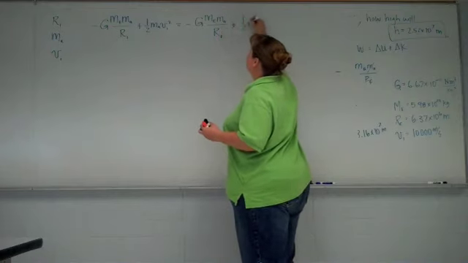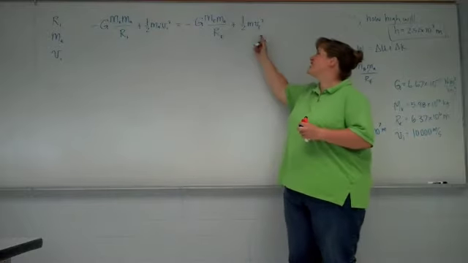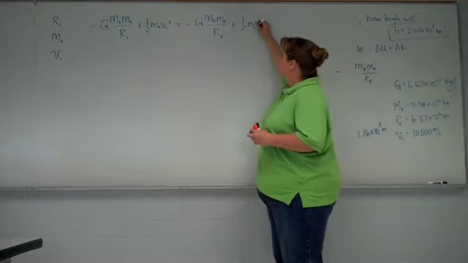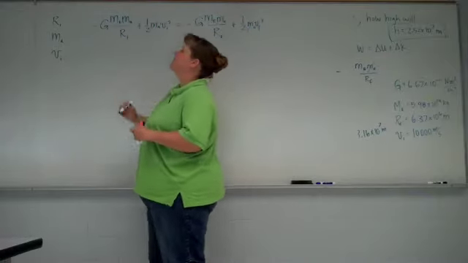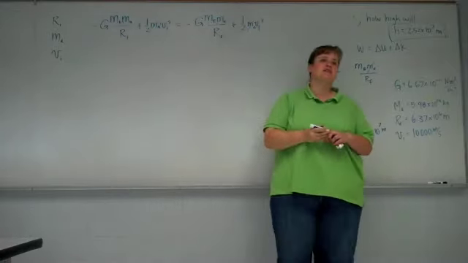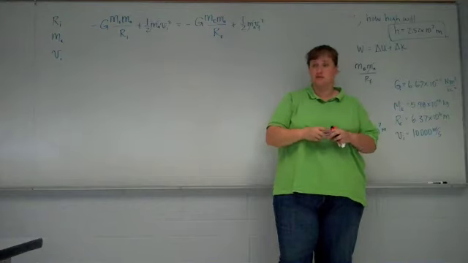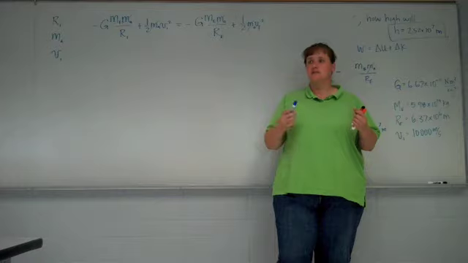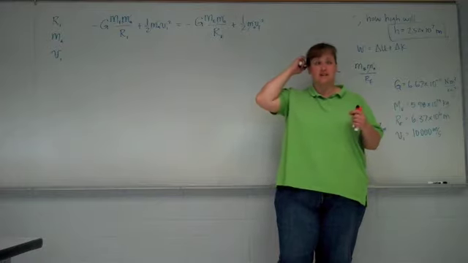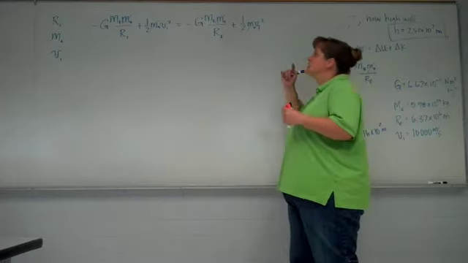Plus whatever kinetic energy the asteroid has, finally. You're looking for that V final. Turns out you don't actually need the mass of the asteroid. The only way you would need the mass of the asteroid is if you were told to take into consideration air resistance. So if you were to include drag, then you would need the mass of the asteroid.